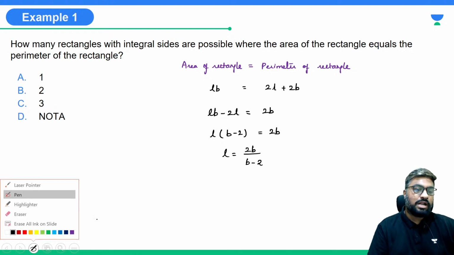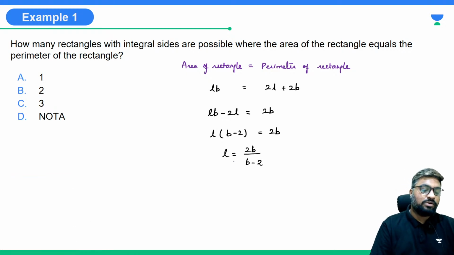Now at this stage, all we have to do is go trial and error. There's breadth, there is length. One thing is clear: breadth cannot be 2 or less than 2. Breadth has to be greater than 2, and the sides must be integers. So the minimum value for B has to be 3, correct?